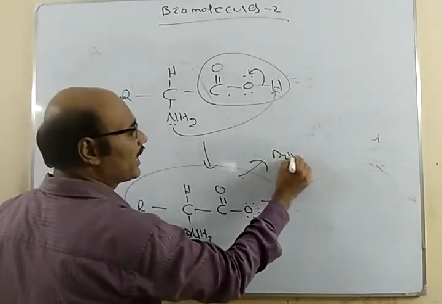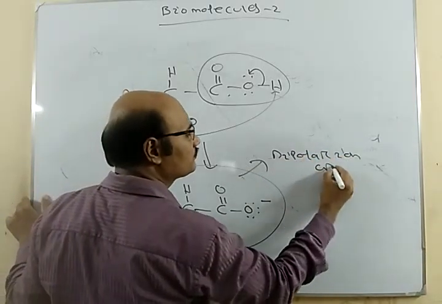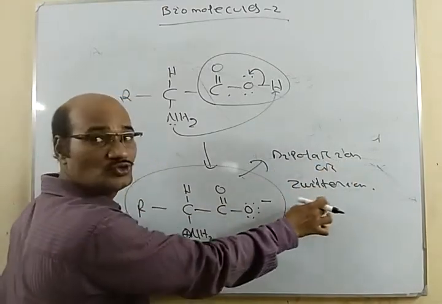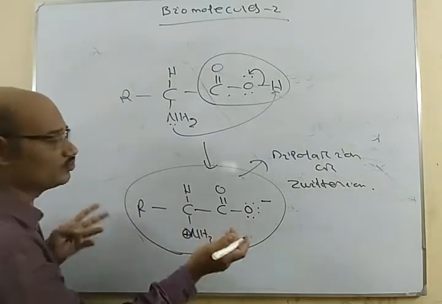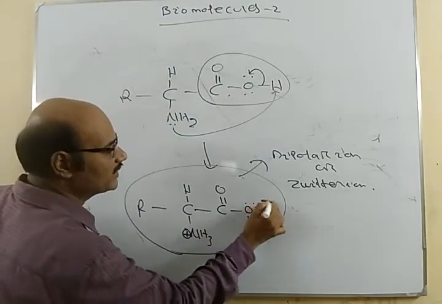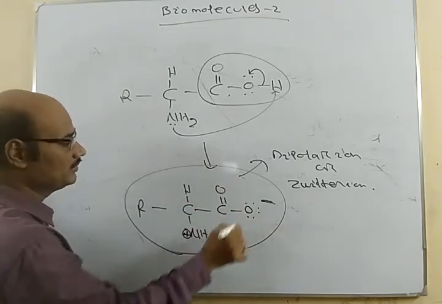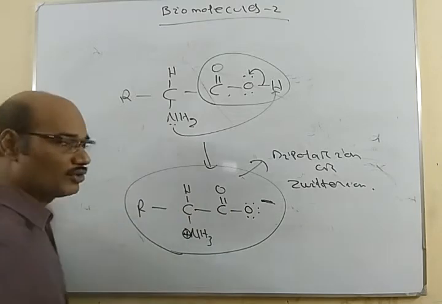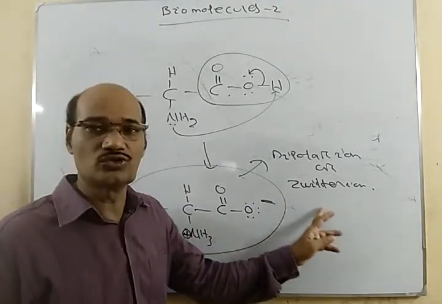A dipolar ion, also called zwitterion, because it contains two poles, di means two. Such a species where both charges are in one molecule is called a dipolar ion.